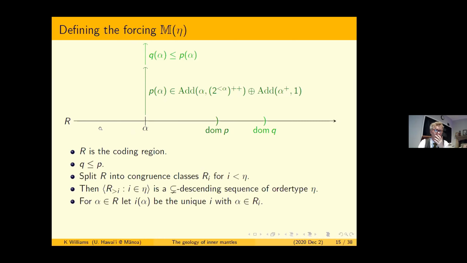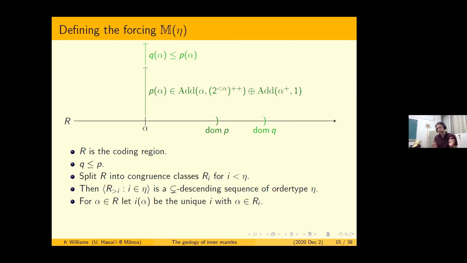We have to say more to get something that's different from the normal product or iteration we saw before. What we're going to do is take this coding region and split it into a bunch of congruence classes. What do I mean by that? If eta was 2, you would use every other thing in R for the 2 classes.